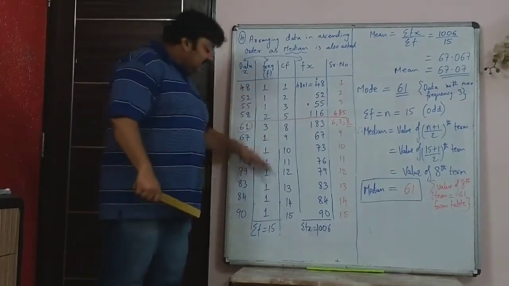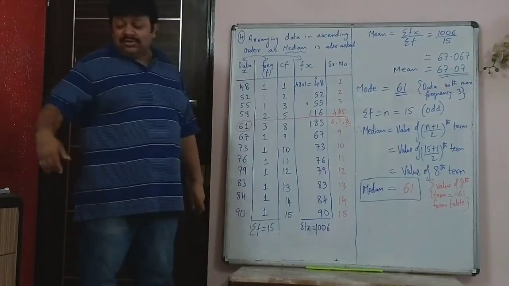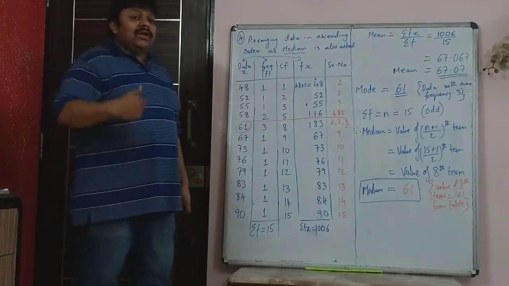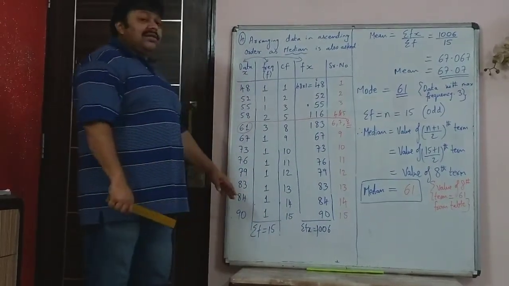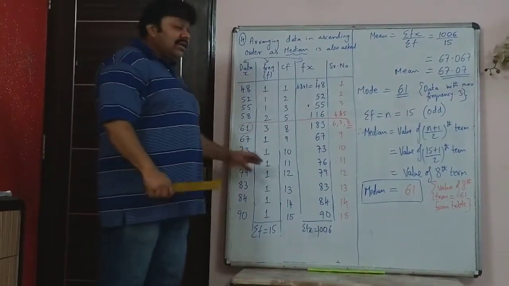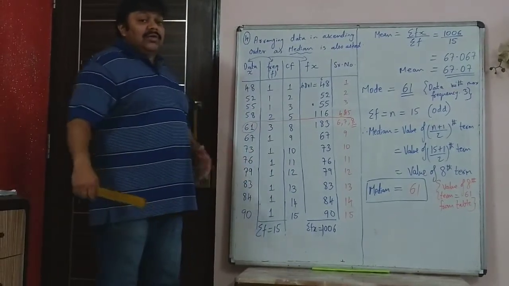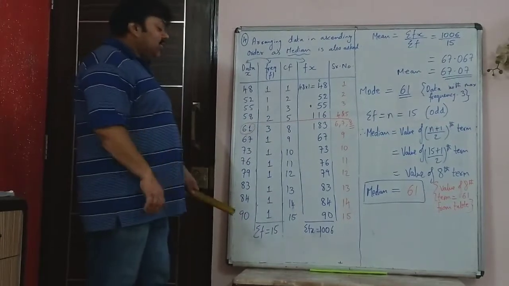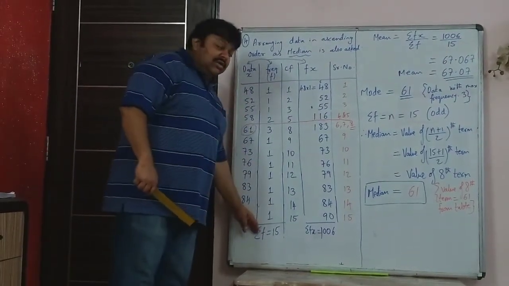So once you have done sigma f, please verify this step first with the number of data given in the textbook or in the question paper. If that doesn't tally, that means there is some data which you have missed out or written wrongly from the question paper. So proceed only after you finish verifying this.